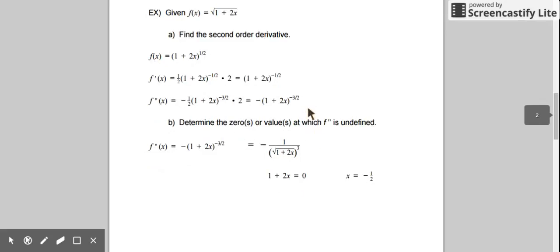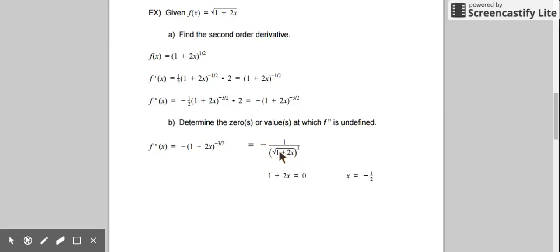Sometimes we could find zeros of the second derivative. Other times we could find values at which our second derivative is undefined. So this would be an example where we don't have any zeros, but we do have values where it's undefined. So I could find the zeros in this form, or I could rewrite it and visualize it a little better by flipping my function because of the negative exponent and rewriting it back into radical form.